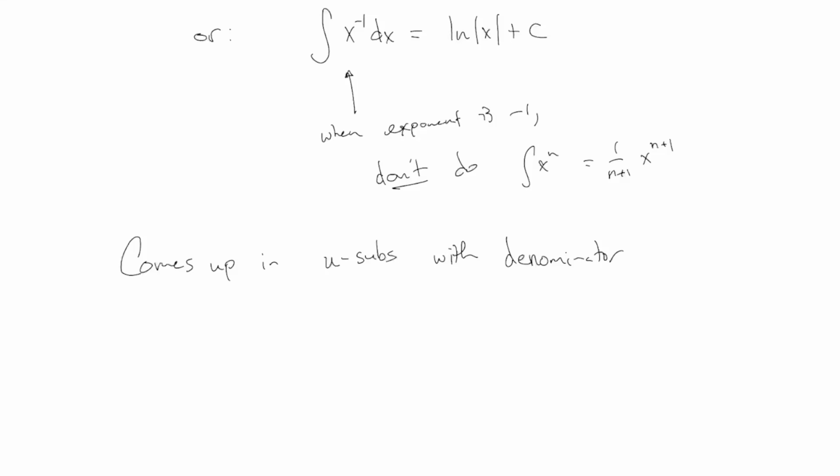For example, I got one here, and then I have a couple for you all to try. How about the integral of 3x over 4 minus x squared dx? U substitutions with a denominator.